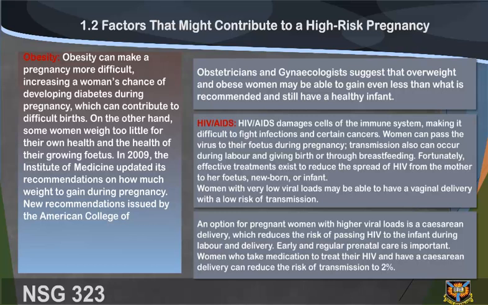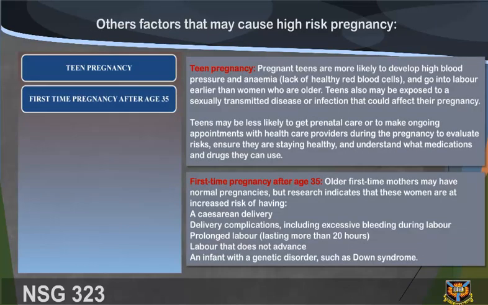Early and regular prenatal care is important. Women who take medication to treat their HIV and have a cesarean delivery can reduce the risk of transmission to 2%. Other factors that may cause high-risk pregnancy: teen pregnancy, first-time pregnancy after age 35.